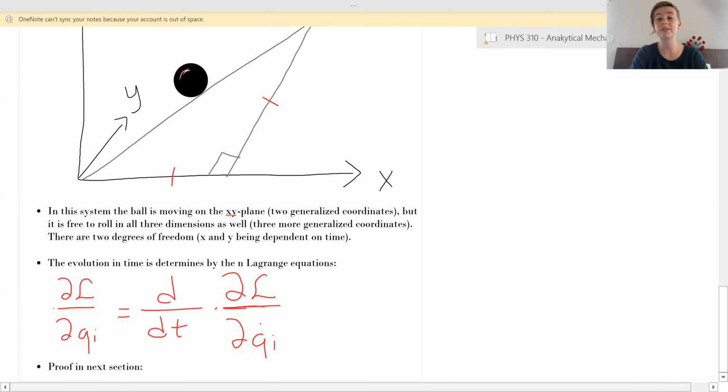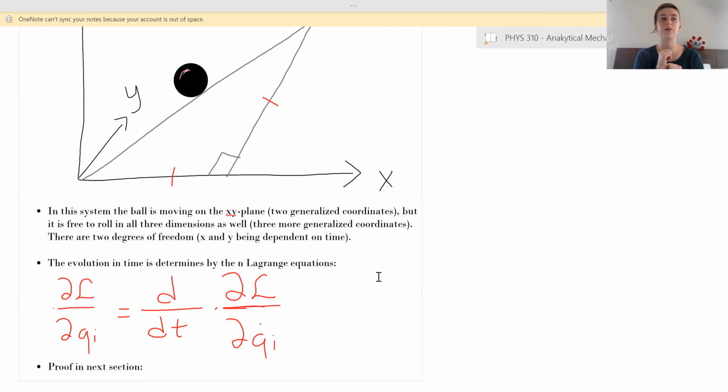The next section is just going to be a proof of this, and that'll explain a lot more of the Lagrange way of going about it and how that works. So that's pretty much it. If you still have questions, they're probably going to be answered in the next section, and the next section is mostly mathematical.